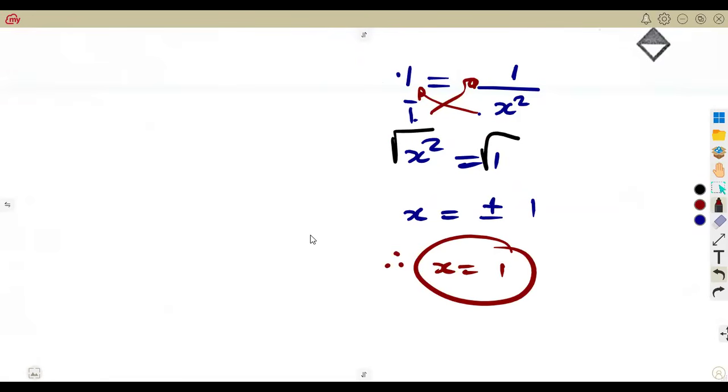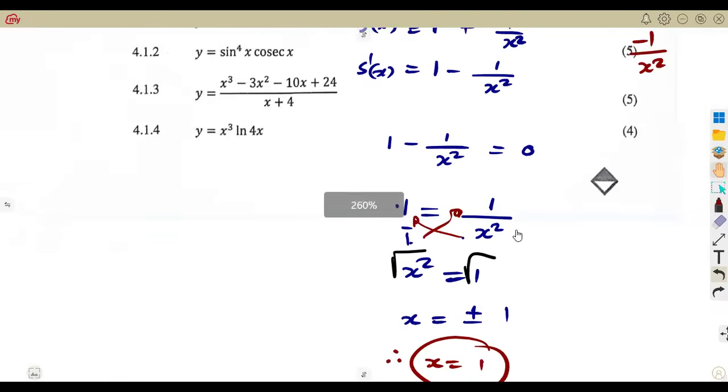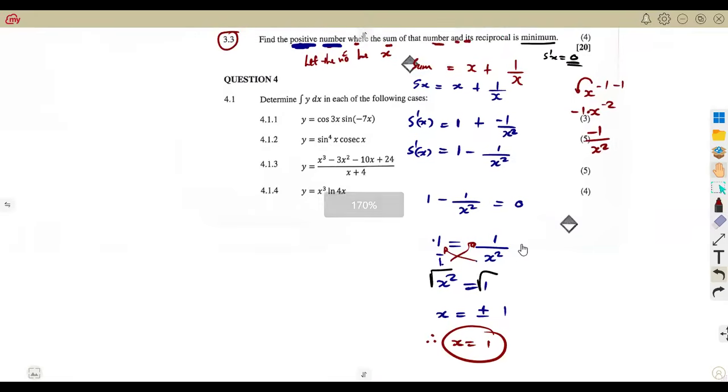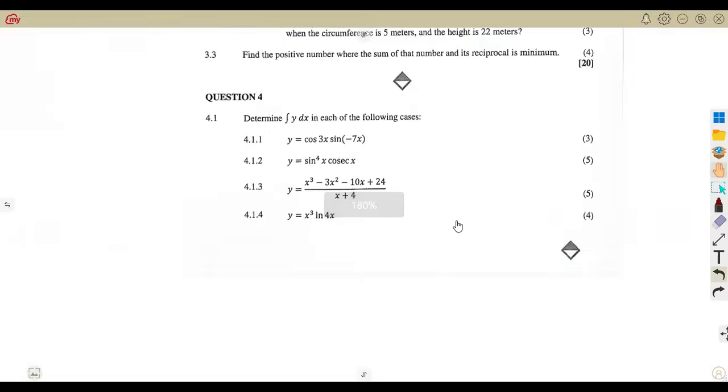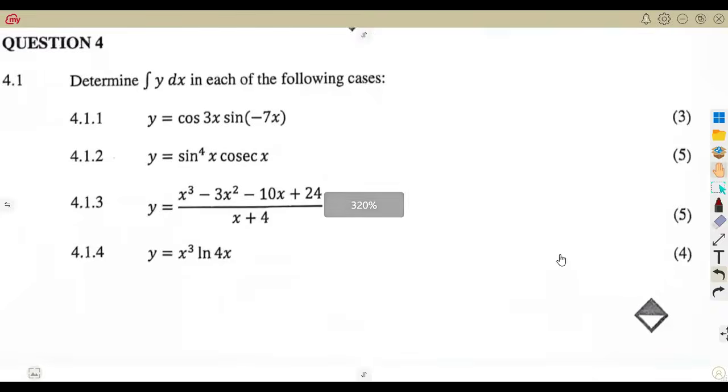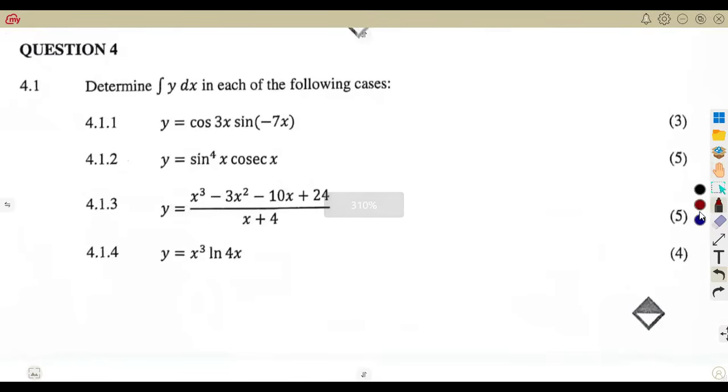So the number that is giving us that consideration that we are given there was going to be a 1. So this is it, guys, about your minimum values. We just have to use the condition that you're given there. They can even use consideration of area and volume to be minimum. You just have to apply according to what you are given.